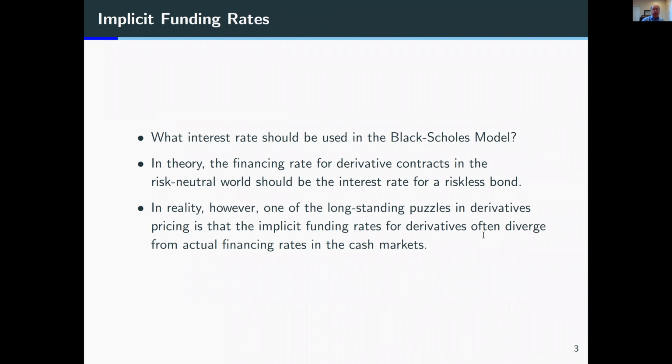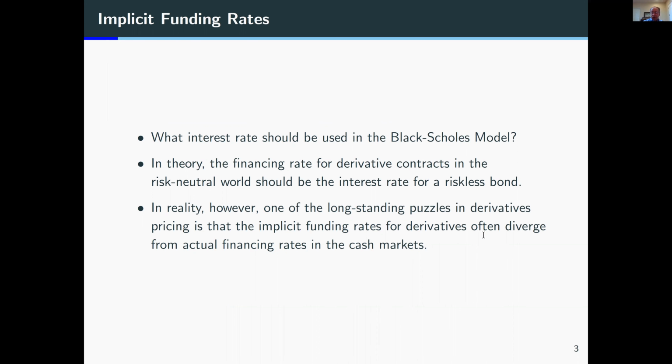And I think we can start off with raising a really fundamental question here: what interest rate should we be using in the Black-Scholes model or in derivatives valuation? We all know that in theory, the financing rate for derivative contracts in the risk-neutral world should be the riskless interest rate.